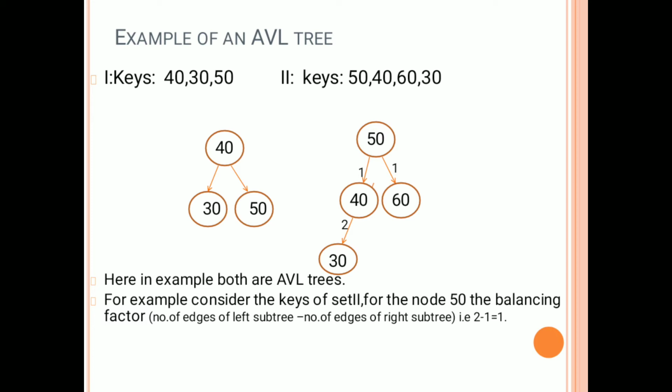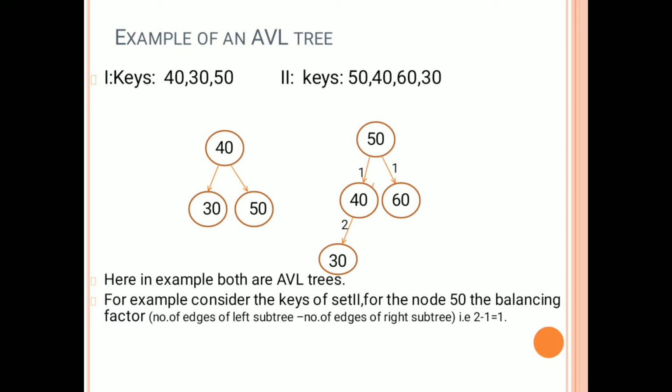The next element is 30. 30 is inserted on the left side of 40 because 30 is less than 50 and less than 40. Here in the example, both the trees are AVL trees because the balancing factor of each and every node is -1, 0 or 1.